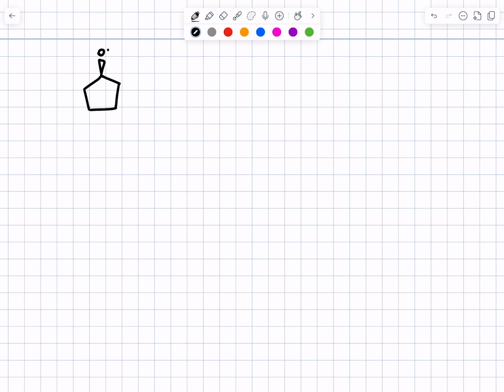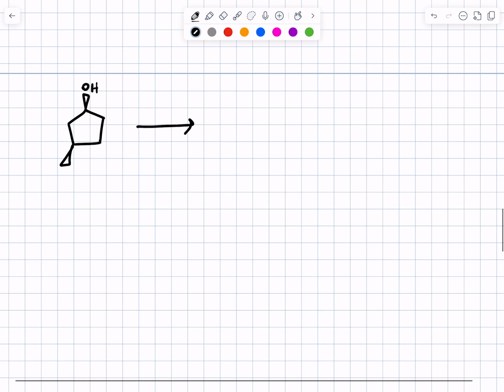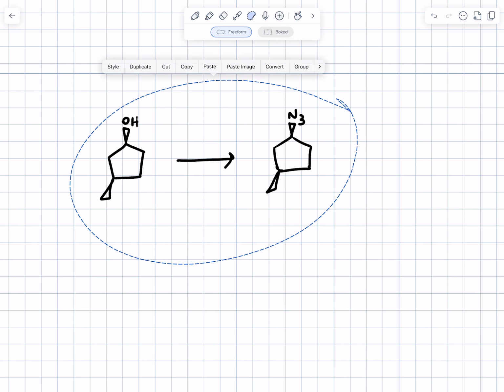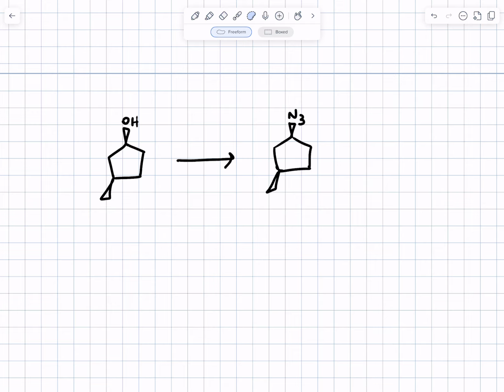Suppose you started with this alcohol and you wanted to get this product in which an azide nucleophile has replaced your alcohol.